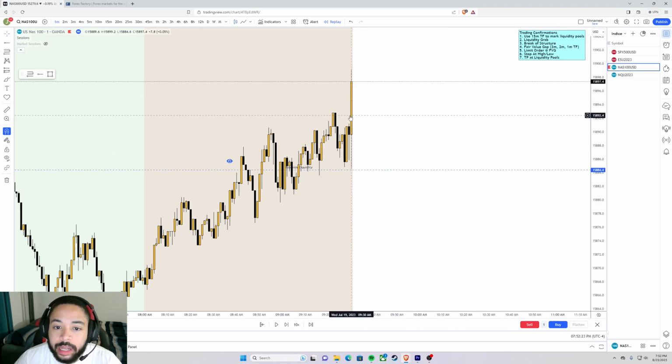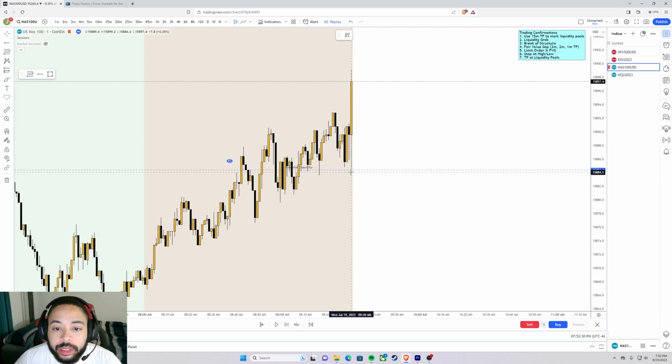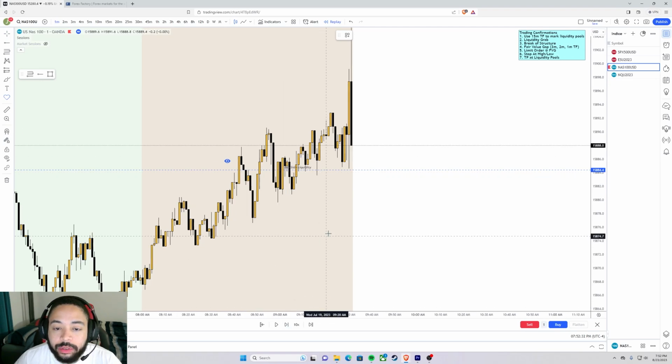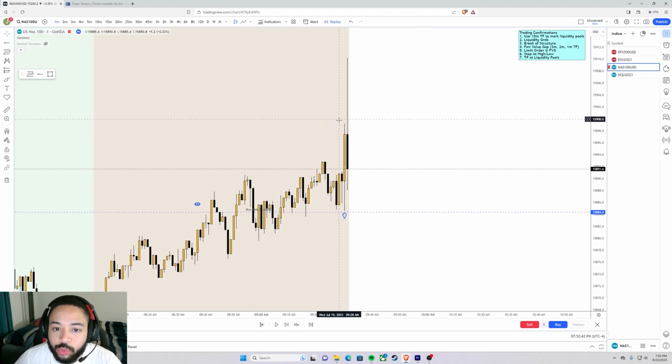So this high that was created, we want to mark the last structure point, which, I'll have to skip one more candle, would actually be this candle right here. The reason I need to skip one more candle is because remember, a swing is a three candle pattern, right?